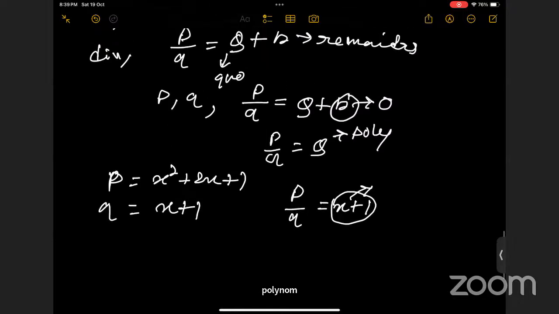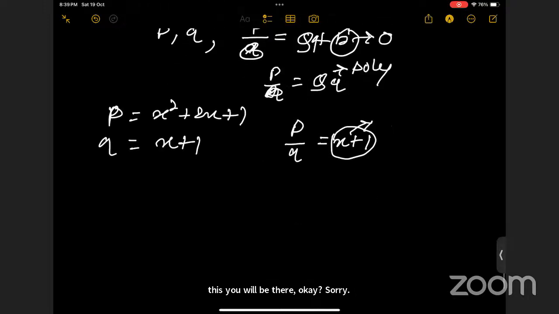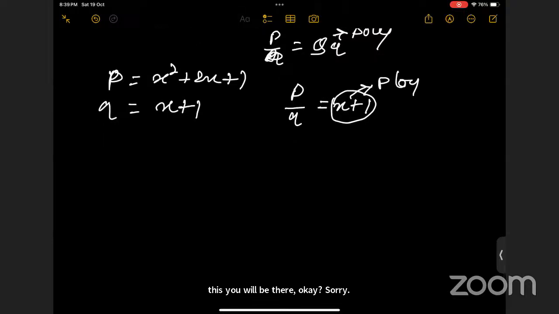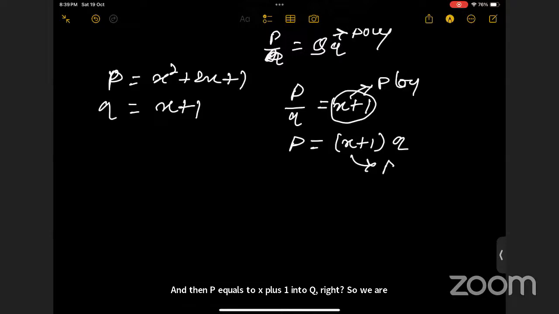Sorry, I wrote this, Q will be there. So this is a polynomial, right? And then P equals x plus 1 into Q. So we are multiplying a polynomial with another polynomial. Then this is again a polynomial. So in this case, we will say that P is divisible by Q.